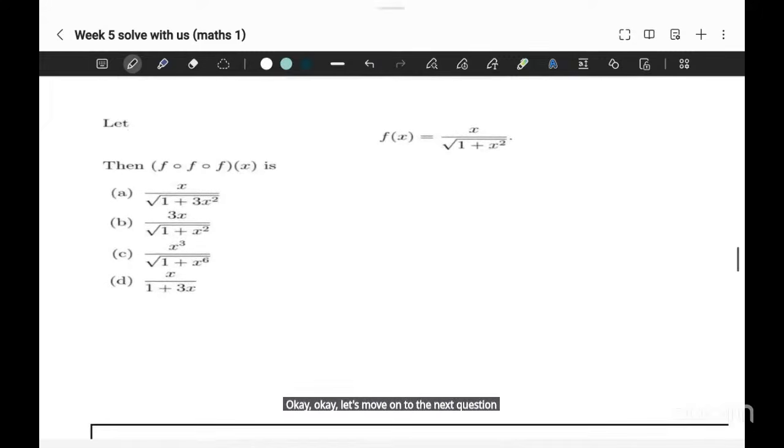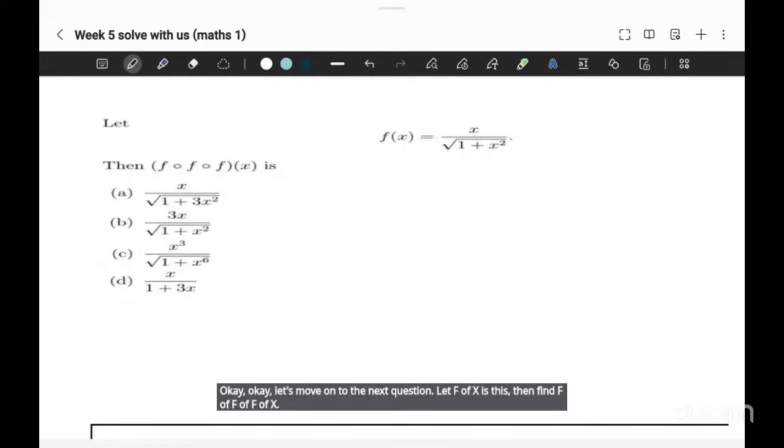Let f of x be this. Then find f of f of f of x. Find this value and tell me the answer.